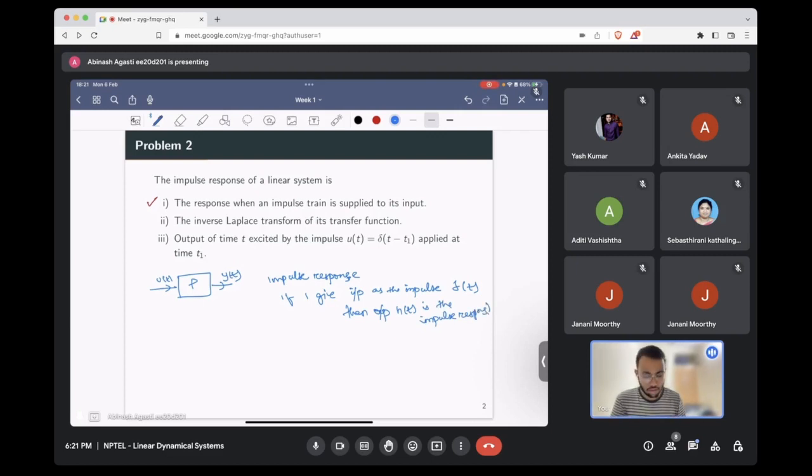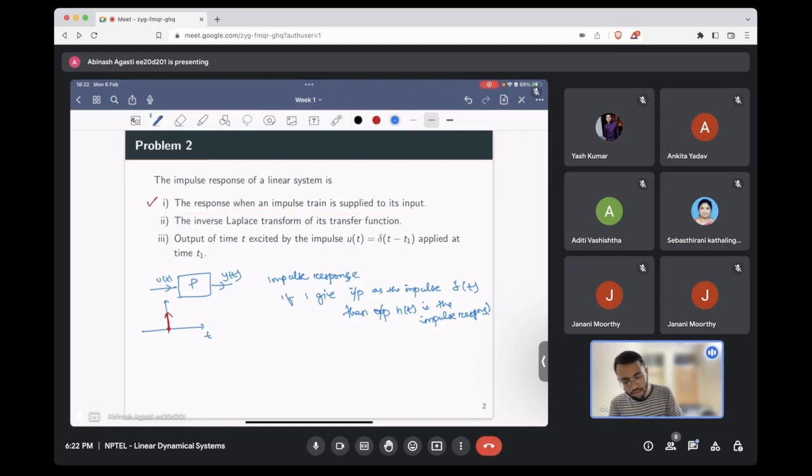Okay. So what is del of t? This is the time axis, this is the magnitude. The del of t function is just an impulse at time t equal to 0. So let's rule out this option first: the response when an impulse train is applied to its input.